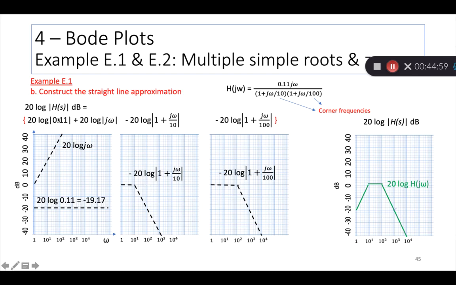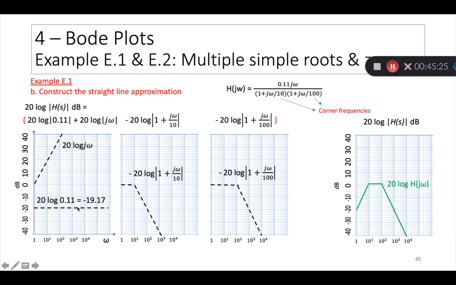So for this, you can see on the leftmost side, the first factor, the constant 0.11, right? The 0.11 just leads to a flat line at minus 19.17, because minus 19.17 is the decibel equivalent of 0.11. So that is one line.